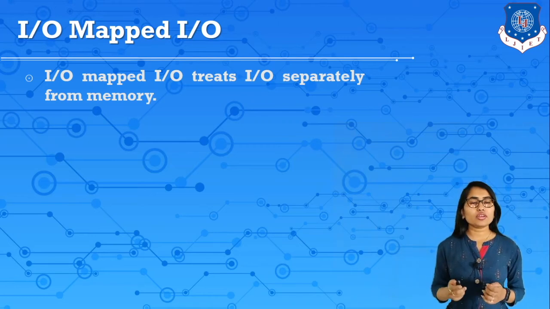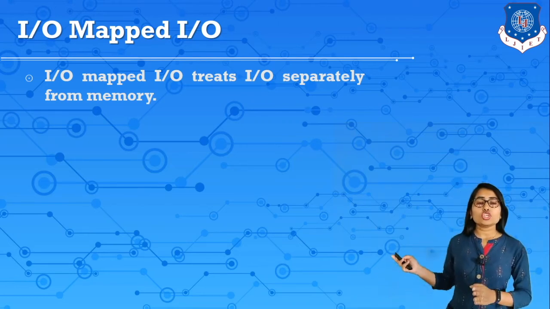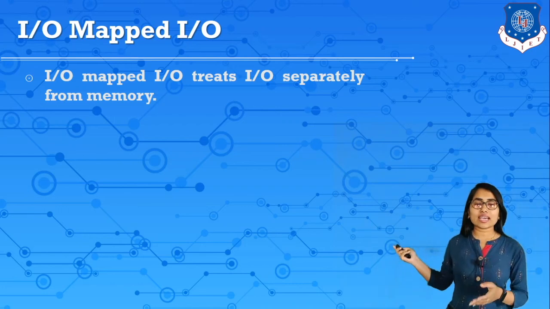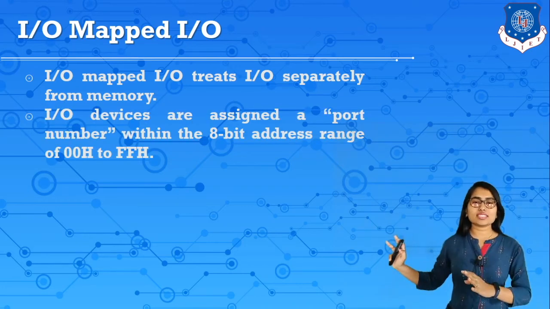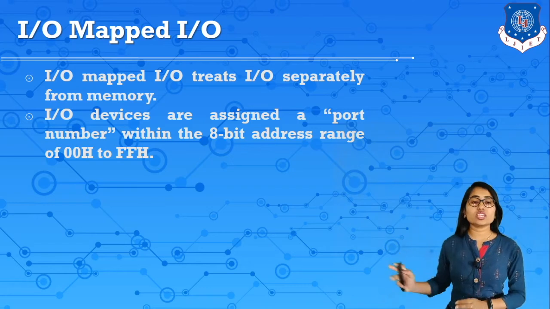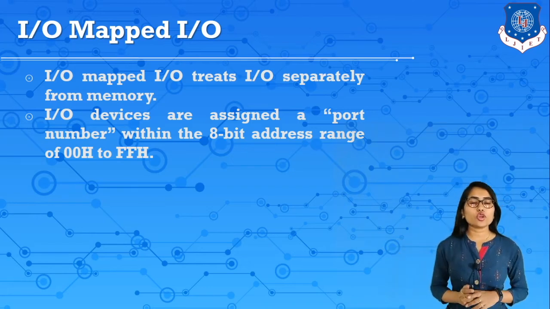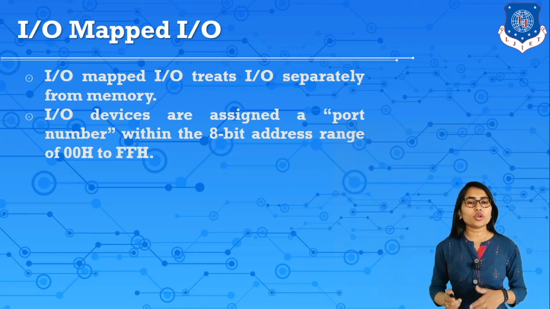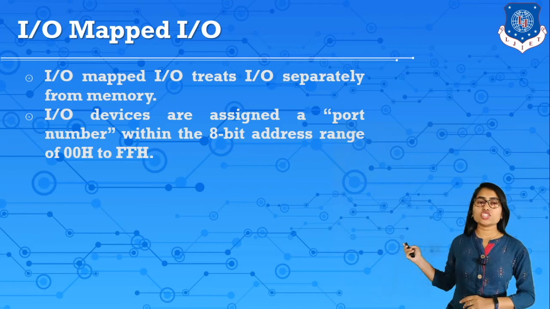Next there is IO mapped IO. IO mapped IO treats input output separately from memory. To transfer data as input output, a port number is assigned in an 8-bit range from 00H to FFH. Input output devices are assigned a port number within the 8-bit address range 00H to FFH.